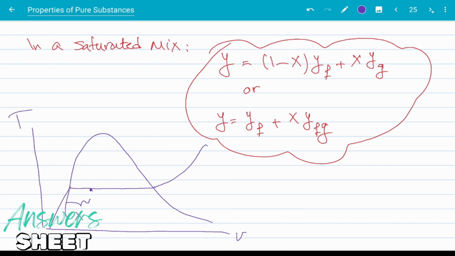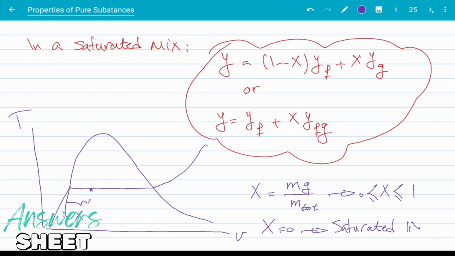Now, one thing to keep in mind is that because x is the mass of vapor over the total mass, it has a range of 0 to 1. 0 is when the system is in saturated liquid form, and 1 is when the system is in saturated vapor form.